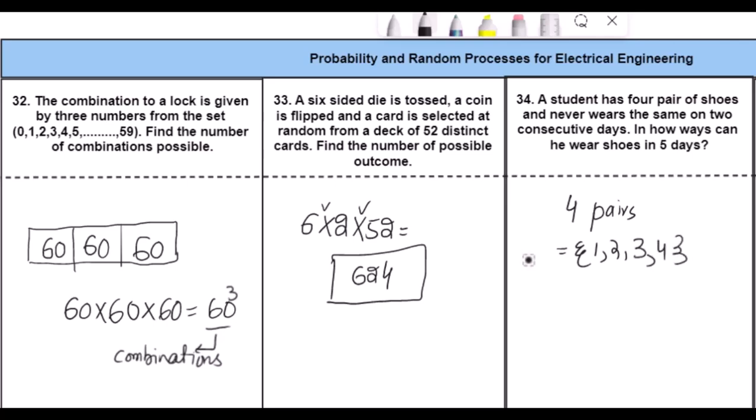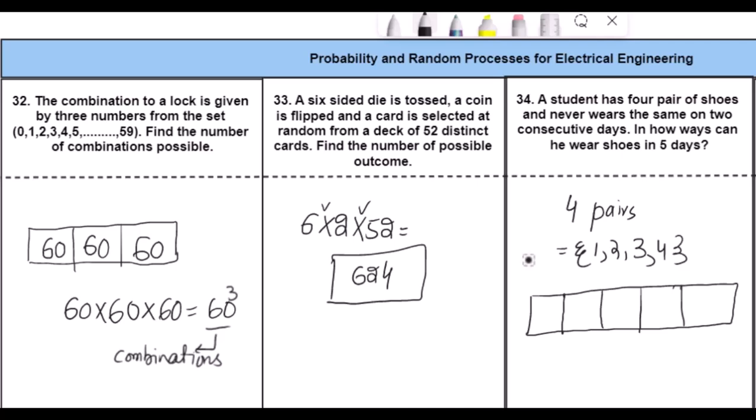In 5 days he doesn't repeat the pair in consecutive days. Let me again use the same concept which I used for problem 32, writing the number of days here like 1, 2, 3, 4 and 5.